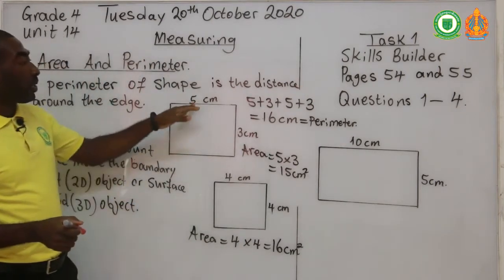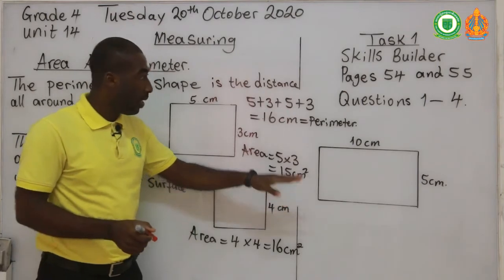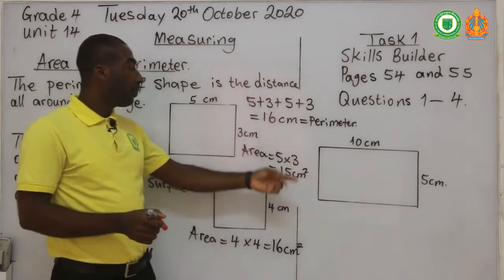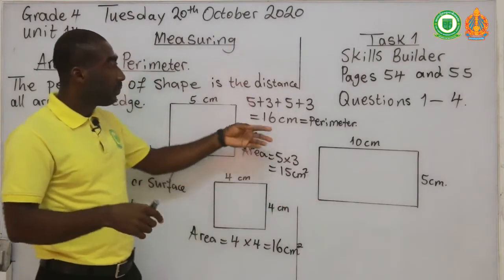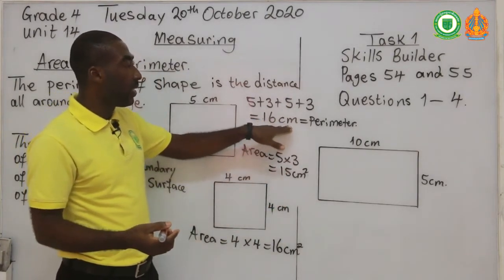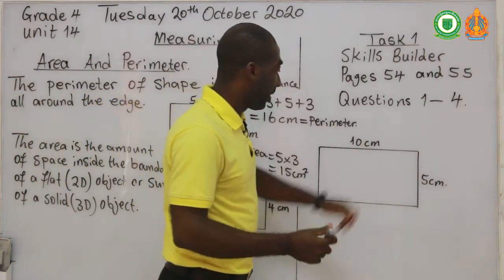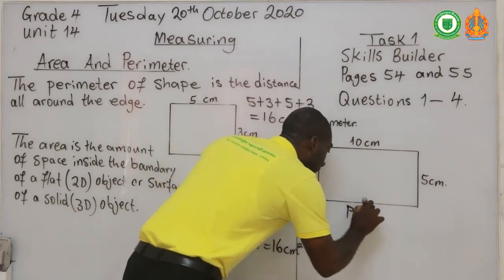So you multiply your length by your breadth, and that will give you this. The difference between the perimeter and the area is that area is measured in squares, and perimeter is measured just in centimeters. Okay, so let's look at this particular one as well. So we look for perimeter.